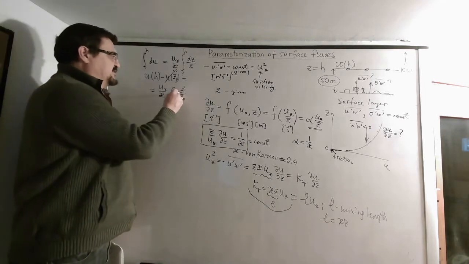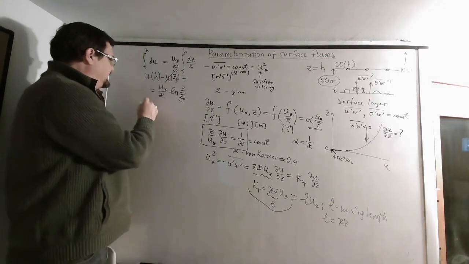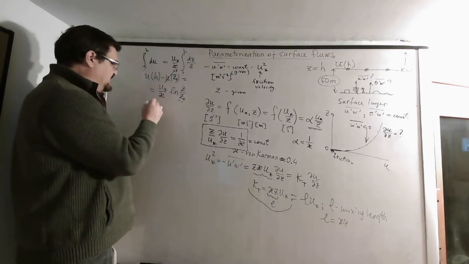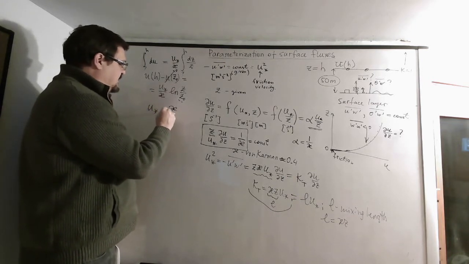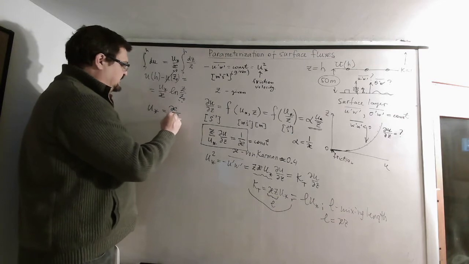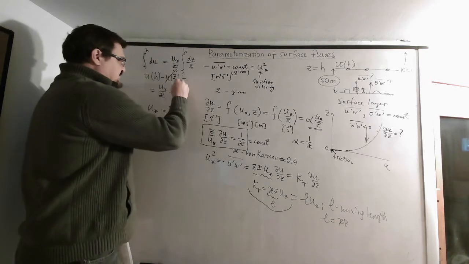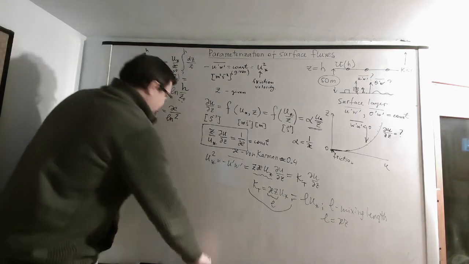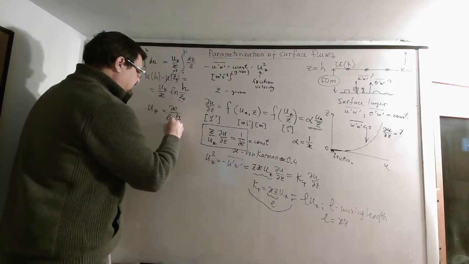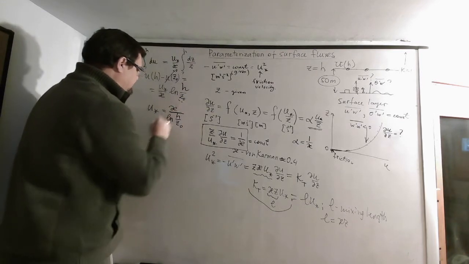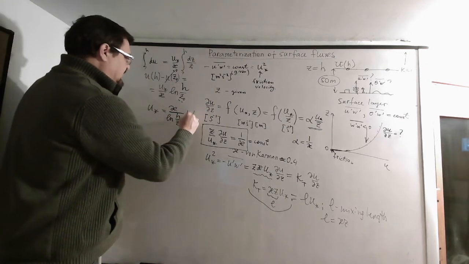And then, of course, we have a problem of how to obtain z naught. From our formula, we have u star equals kappa divided by log of h over z naught, times u at h. Here the z is actually not z, sorry, it's h.